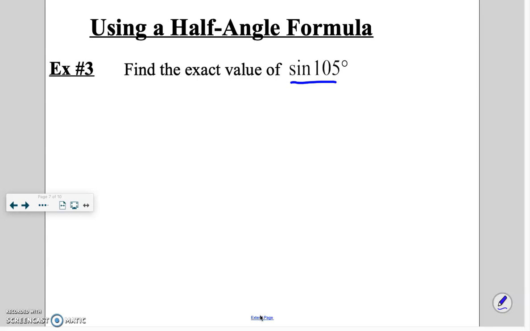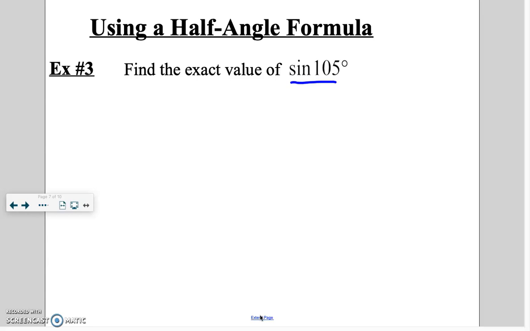It's going to do that a couple of times, giving you the exact same trig function to find. But if we did this sine of 105 using sum and difference formulas, your answer is going to look totally different than if we use half angle. They're equivalent, don't get me wrong, but they look different. It will be easy for me or anybody grading to determine whether you used the proper formula or the wrong one.